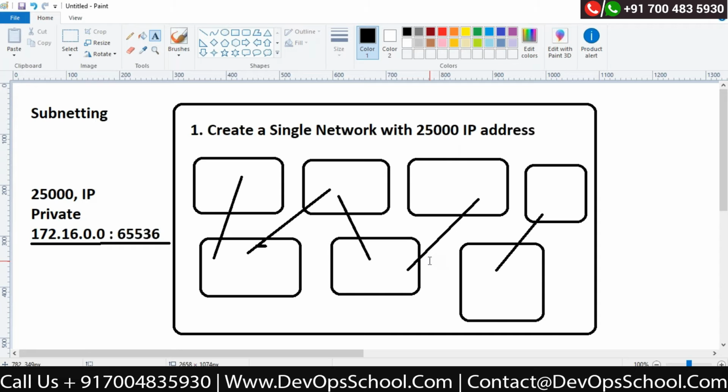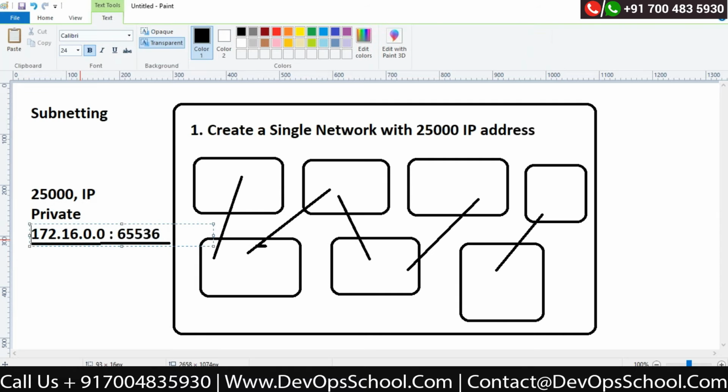This is a problem. Then there is a technique called subnetting. They said you can divide this network into smaller chunks, and that process is called segmentation. Correct? I know that I'm able to get only 2 raised to 16 as the network we are getting.